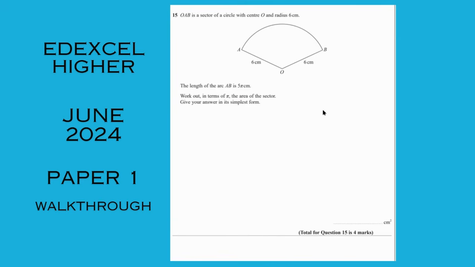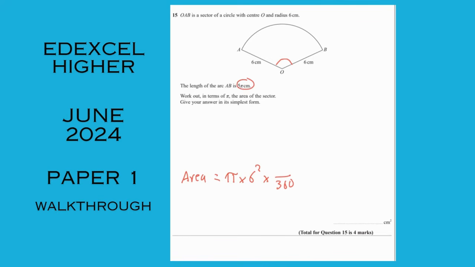So number 15, it's asking you to work out the area. So let's just work backwards, use a bit of logic. To find the area of a sector, it'll be pi multiplied by the radius squared multiplied by the angle, which I'll not fill in, over 360. So we need that angle. Where can we get that angle from?